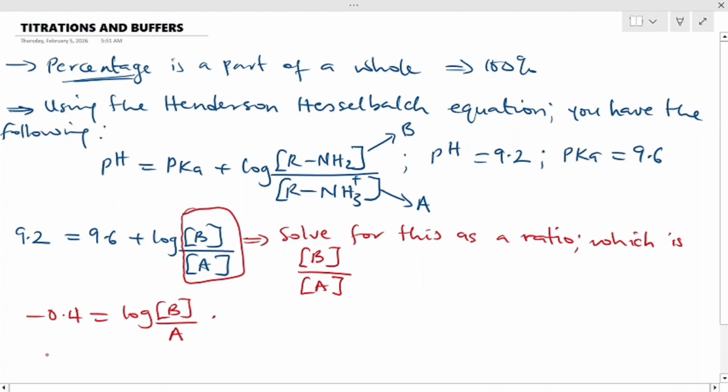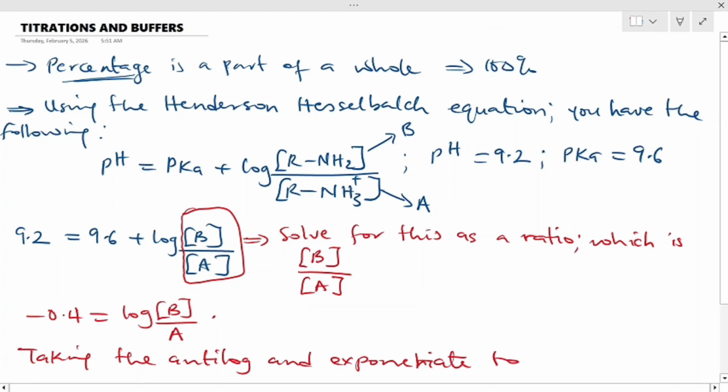Okay, so taking the antilog and exponentiating to base 10, you have the following.